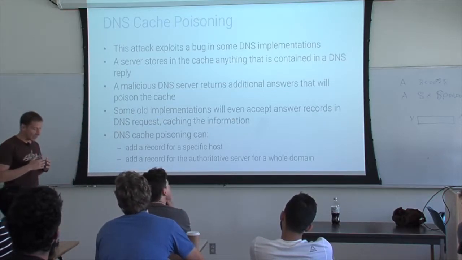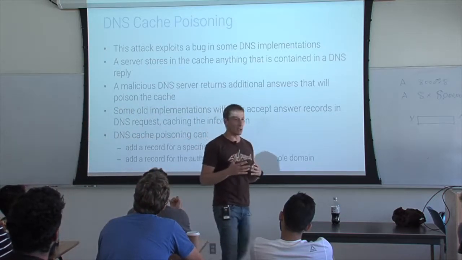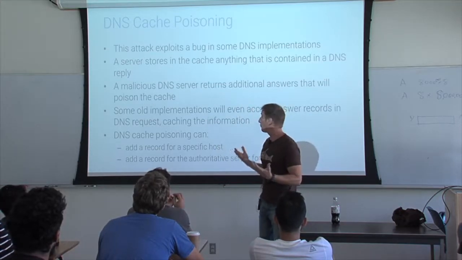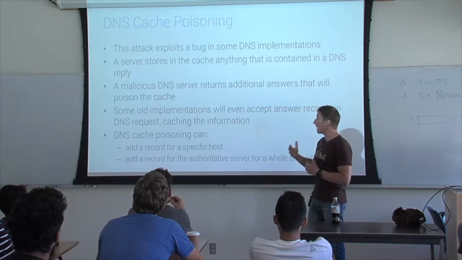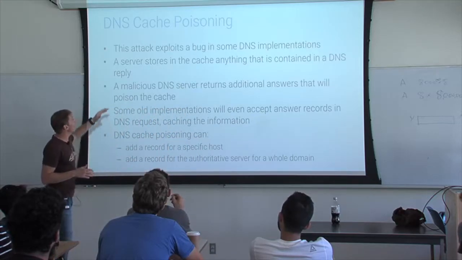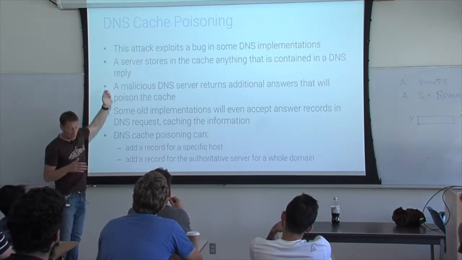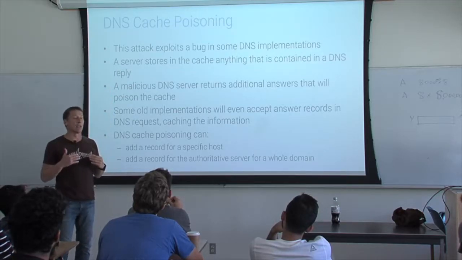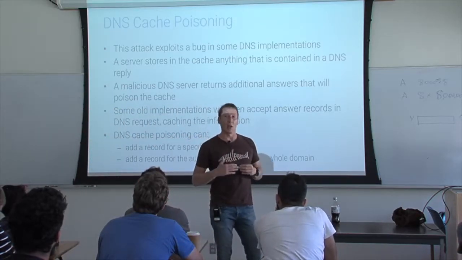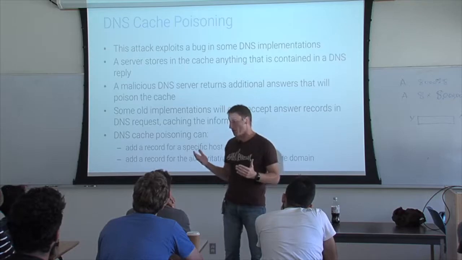So again, this attack is based on the fact that sometimes there are problems in which information is cached. For example, a server could be too trustful, or could trust too much what information would come back. A classic example is, people would receive not only from a certain server the information that they asked for, but sometimes they would add some glue data, some additional data that in many cases is perfectly benign.